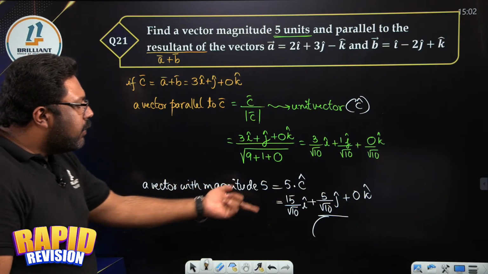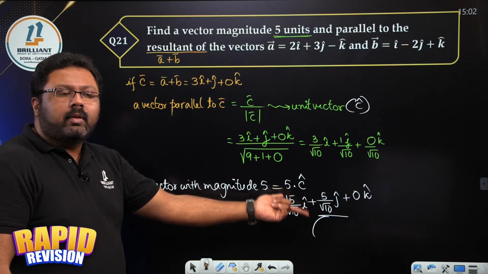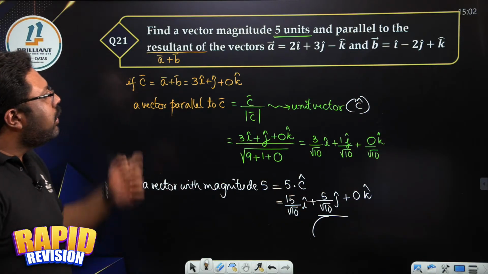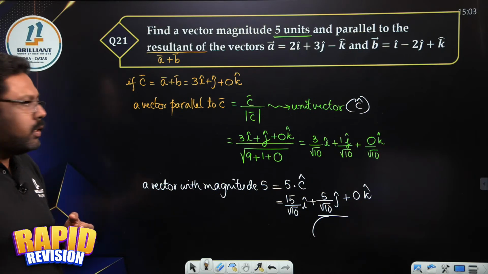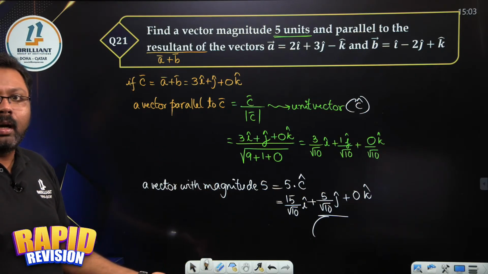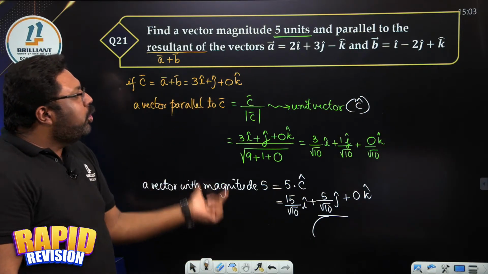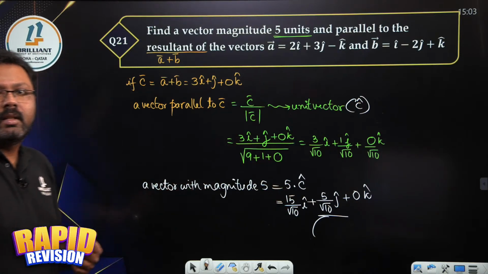Okay, so this is the vector with magnitude 5. Easy question, good for 2 marks, even good for 1 mark, but there is a little bit more to do. That's why I said it's 2 marks.